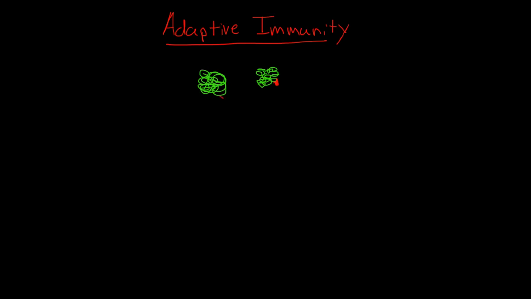Okay, so it's recognized by an antibody, and this antibody could be floating freely in the bloodstream in the form of immunoglobulins, or it could be attached to a cell, a lymph cell to be precise.